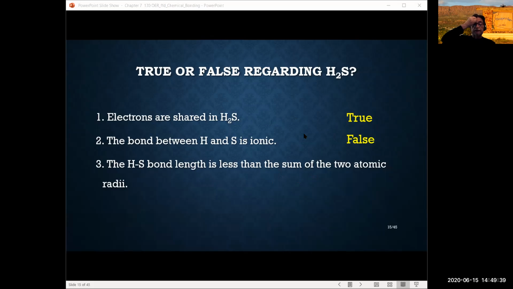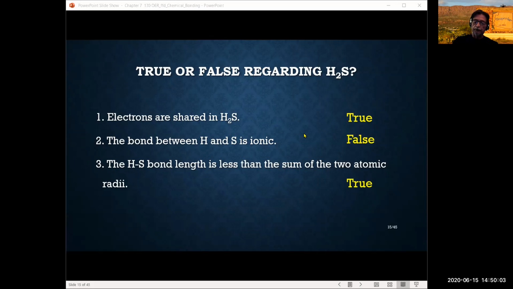And then, as I was saying here, the hydrogen bond is less than the sum of the two atomic radii. Remember that slide where we had hydrogen and I believe chlorine atoms coming together? It turns out that the bond, after they formed the product, was much shorter because there's overlap of those electrons.